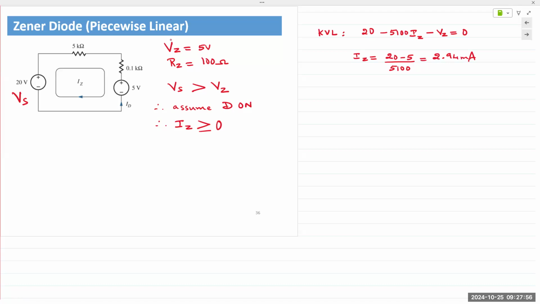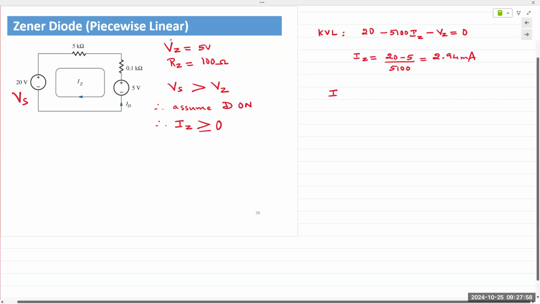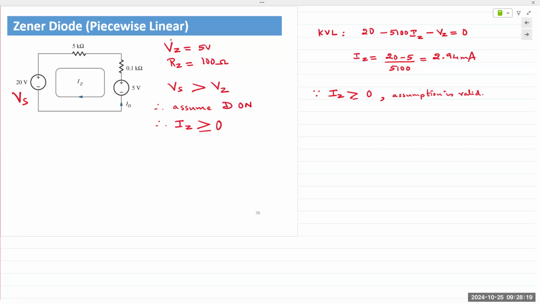Which of course is a positive number. Since IZ is greater than or equal to 0, our assumption is valid.